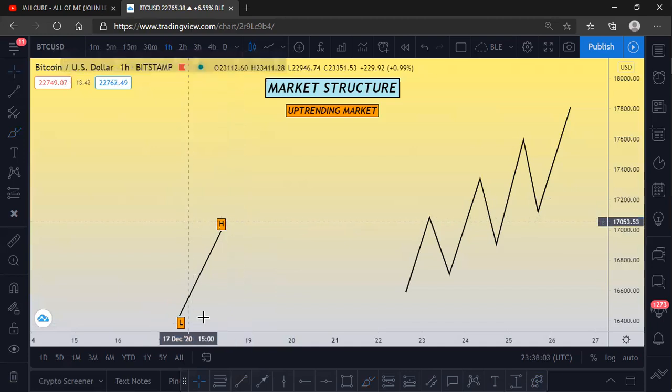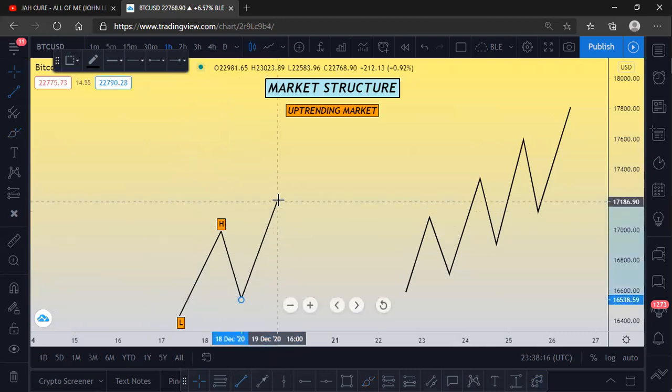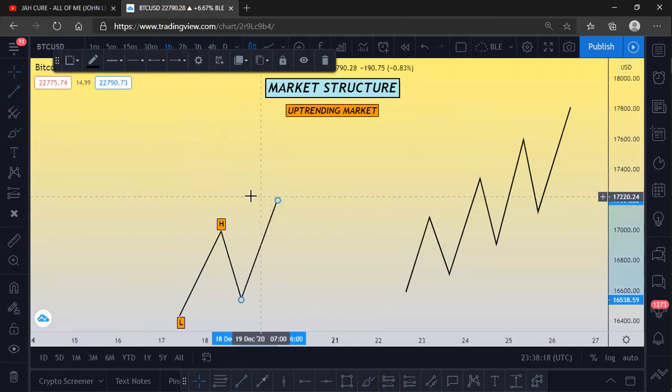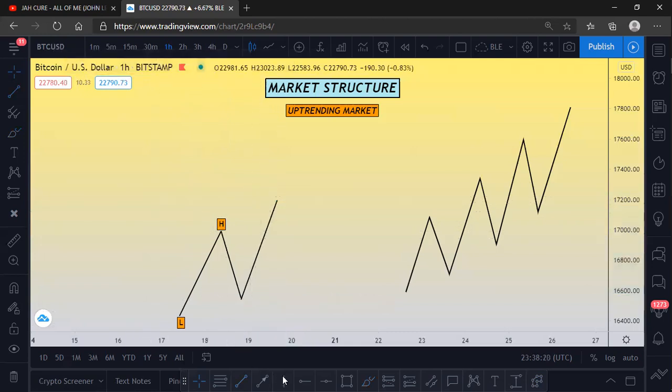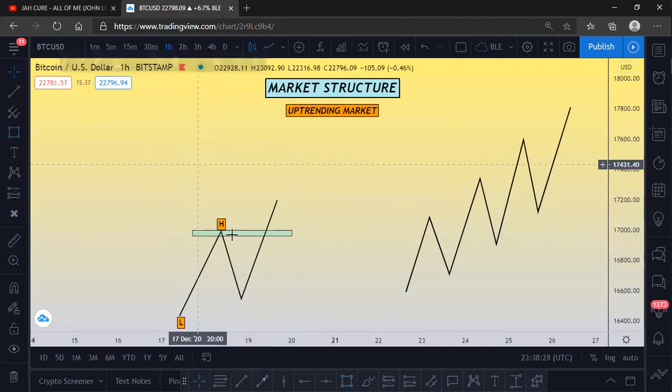Okay, so price then starts coming back down, but didn't break below this low and closed somewhere around here. And then we see price going back up, and closed somewhere above here. So this was the previous high we had here. Now price broke through this high and closed above it.